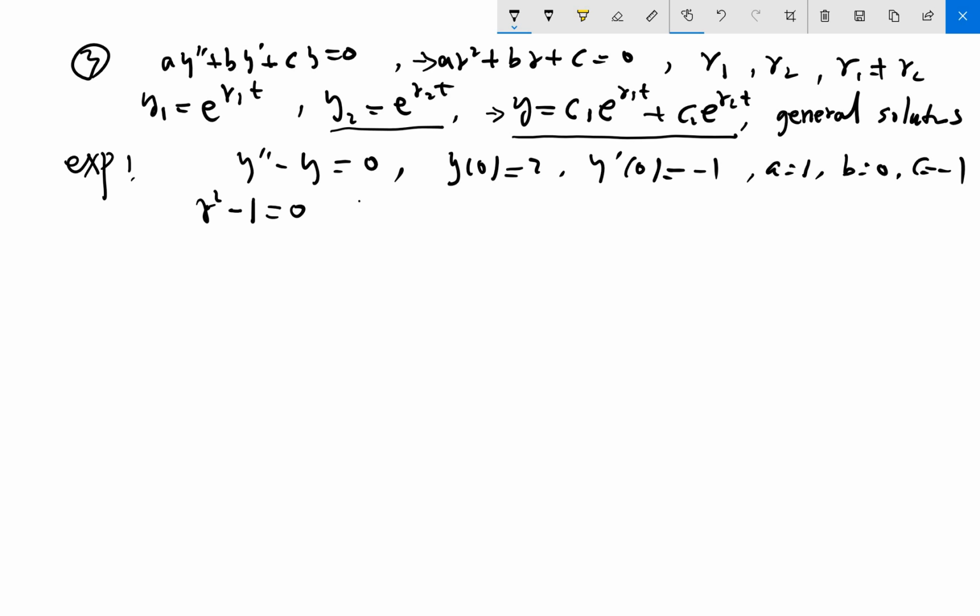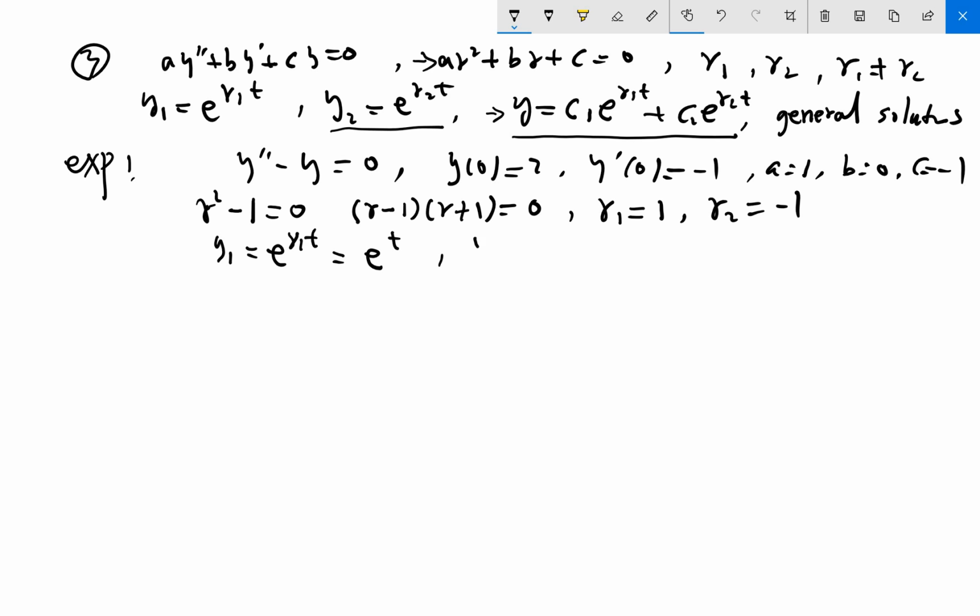This quadratic equation is easy to solve. You can factor it: (R minus 1)(R plus 1) equal to 0. So you get two zeros. They're real and different. So the general solution can be written. y1 equal to e to the R1t, where R1 here is 1, so e to the t is one solution. y2 equal to e to the R2t, which is e to the negative t.